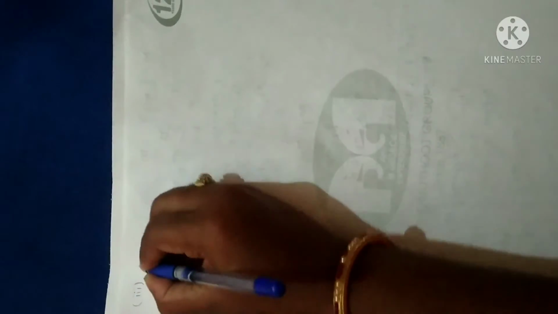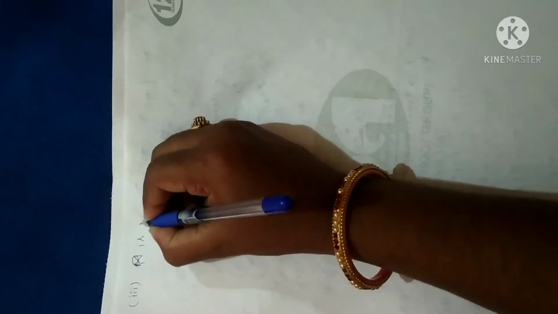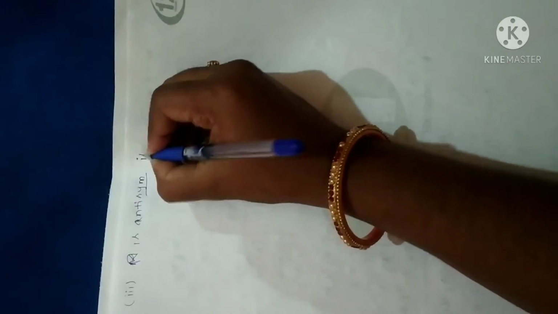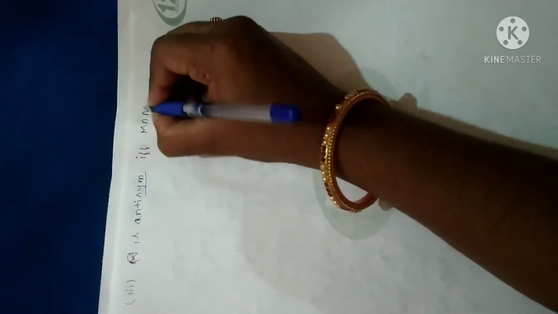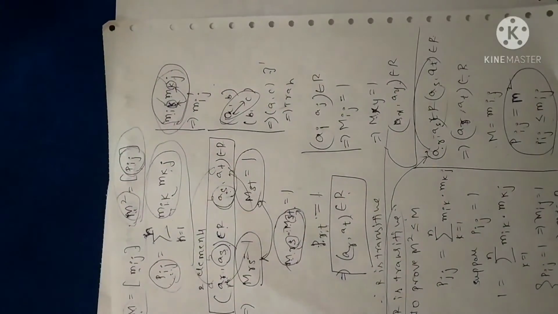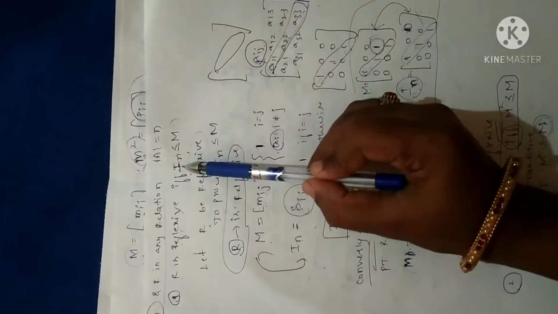Now the next theorem, the third one based on the same. R is antisymmetric if and only if M intersection M transpose is less than or equal to In. So far, the first condition is that R is reflexive if In is less than or equal to M, which we have already proved.